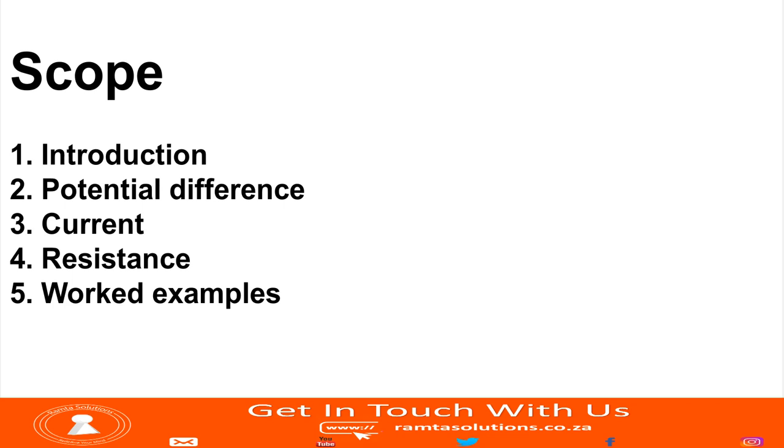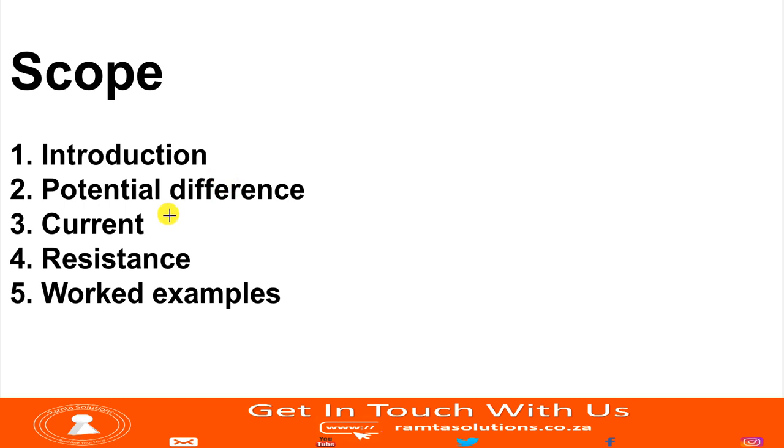In this video, we are going to introduce, in fact it's a revision. The first thing that we're going to do in our introduction is a revision of what you did in the lower grades and how you see circuits, and then proceed to defining potential difference, what it's about and all that. Then proceed to defining current, what it is about.